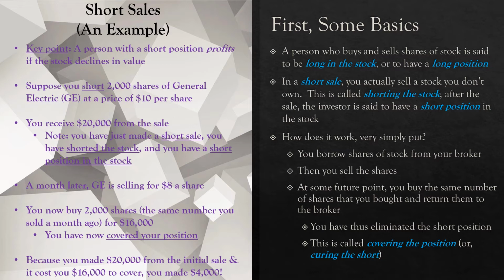Because you made $20,000 from the initial sale and it cost you $16,000 to cover your position, you just made $4,000. Another way to look at this is you do things absolutely backwards. Instead of buying a stock and then selling it, you're selling it before you buy it, and then at some point in the future, in this case 1 month later, you buy it back.